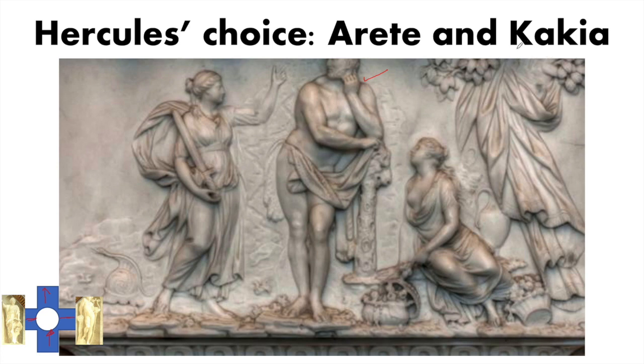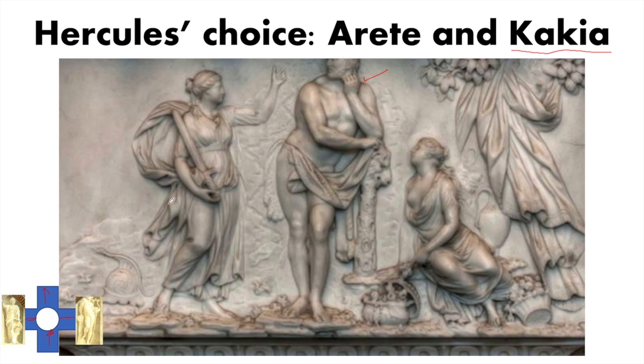Kakya is the girl on the right there, and she came up first, and she started trying to lure Hercules into this life of decadence and the easy way, the easy route, trying to live just to work and get enough food and enough pleasure in life and just enjoy yourself. And she rushed up, kind of tried to win him over right away.